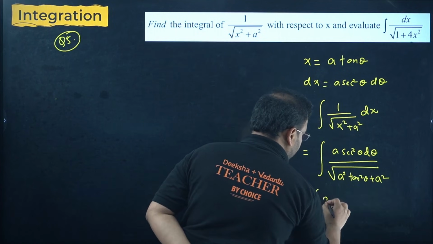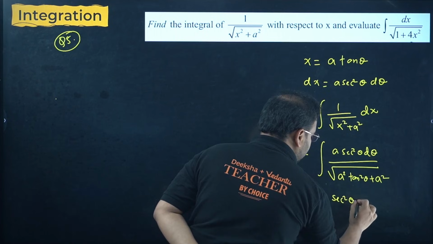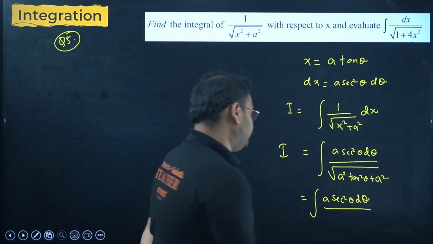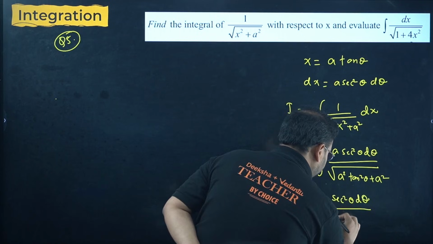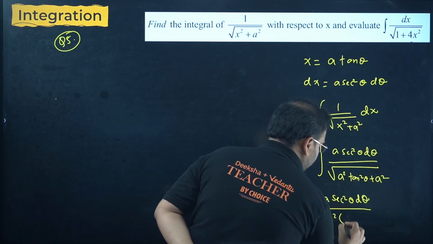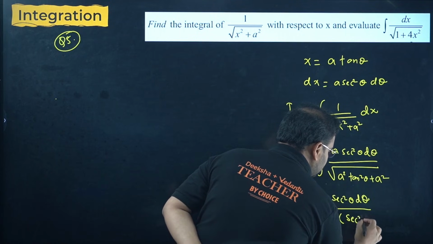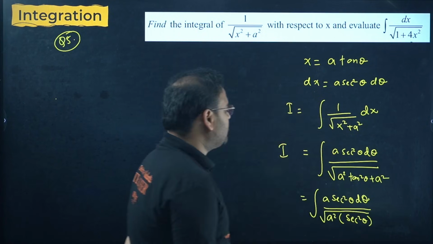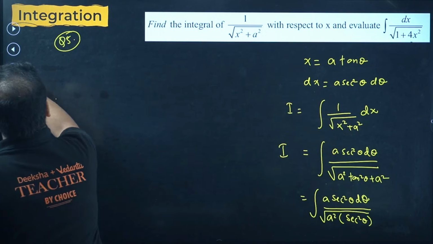If you take a square common, inside becomes tan square plus 1, nothing but secant square theta, and this whole thing is in the root. So clearly we have an answer now.